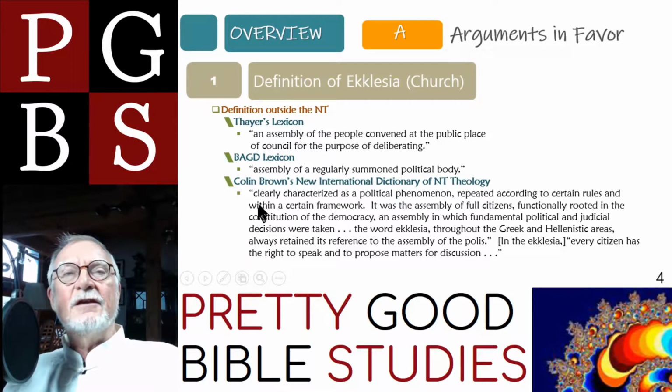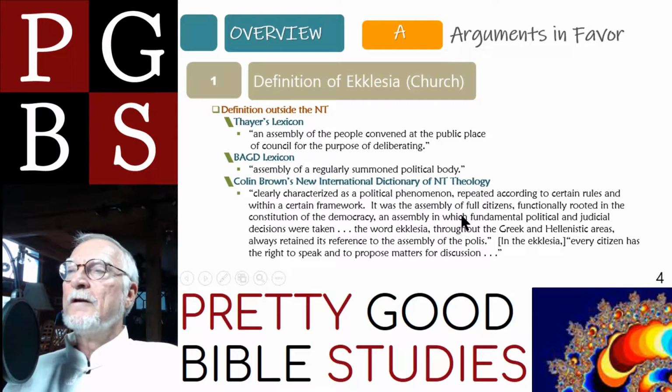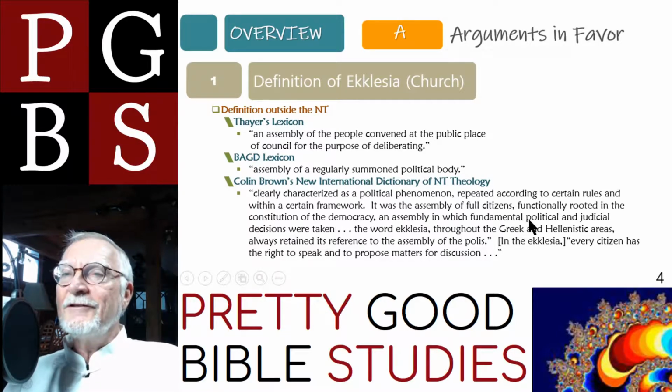And he says this: ekklesia is clearly characterized as a political phenomenon, repeated according to certain rules and within a certain framework. It was an assembly of full citizens, functionally rooted in the constitution of the democracy, an assembly in which fundamental political and judicial decisions were taken.